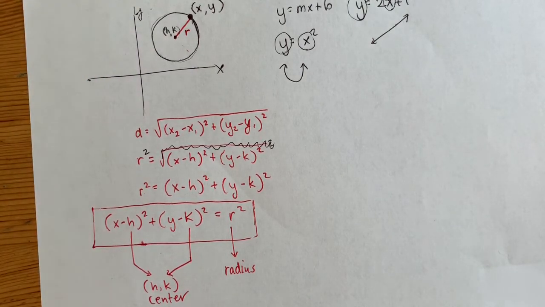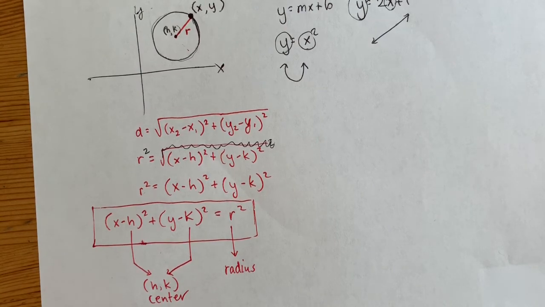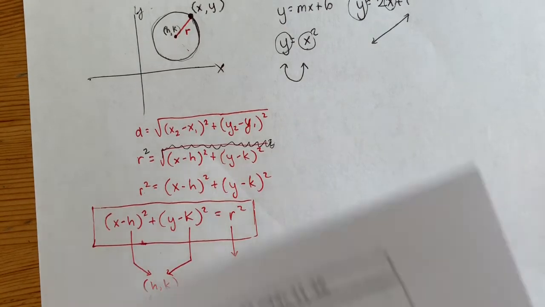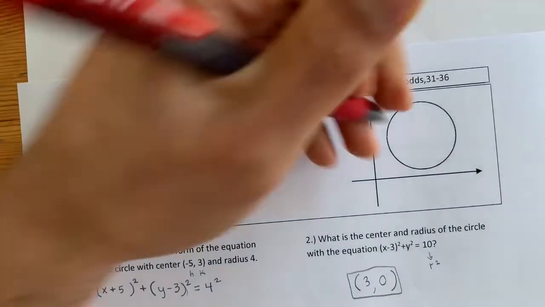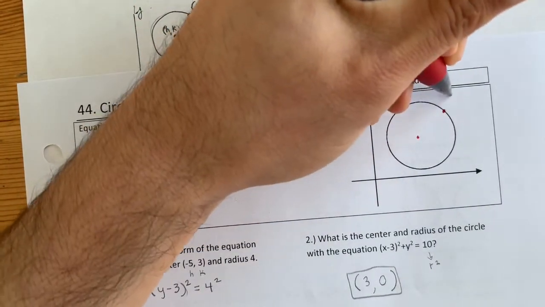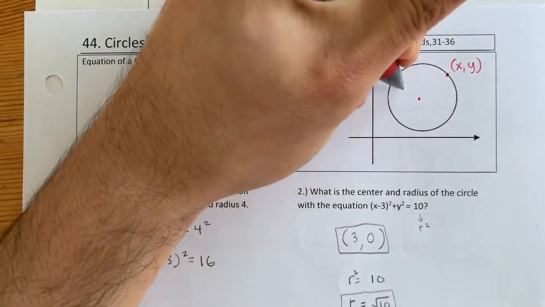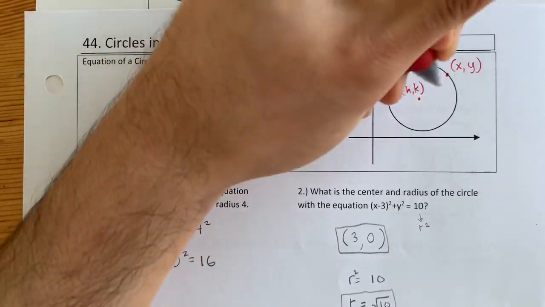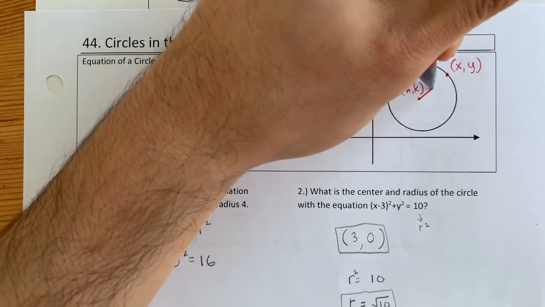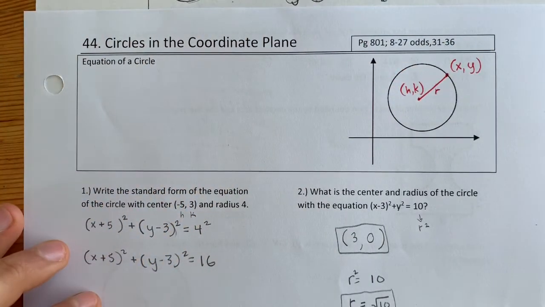All right, I'm going to put this into our notes, and then I'm going to practice with it for a second. The things I want to point out are that xy is on there, hk is the center, and the radius is the distance from the center to the outside.